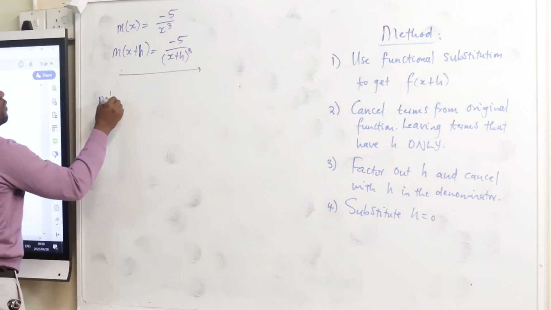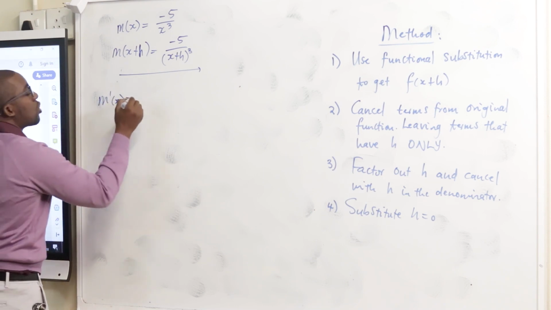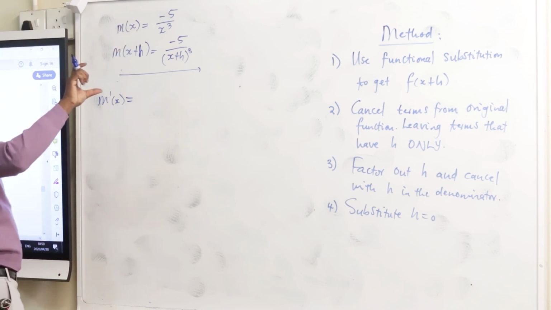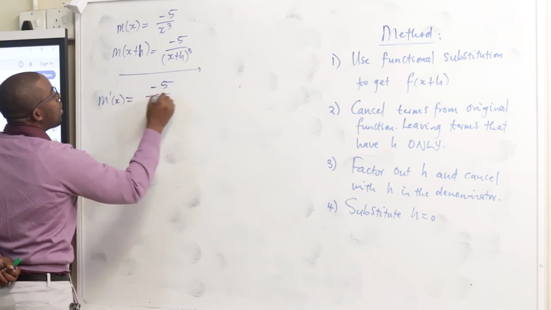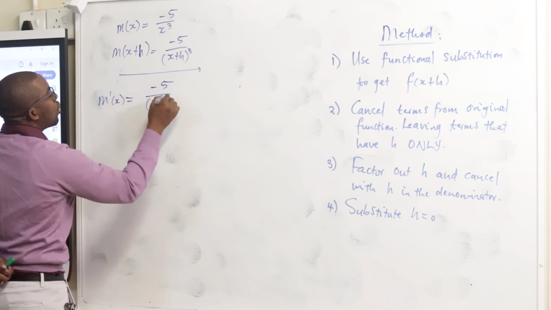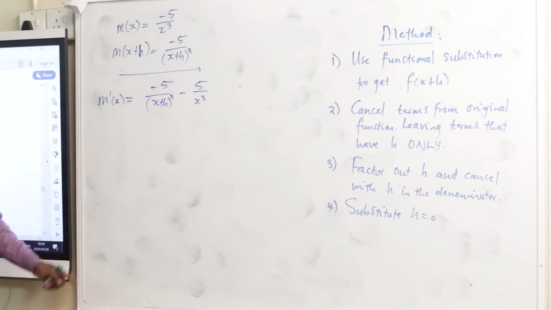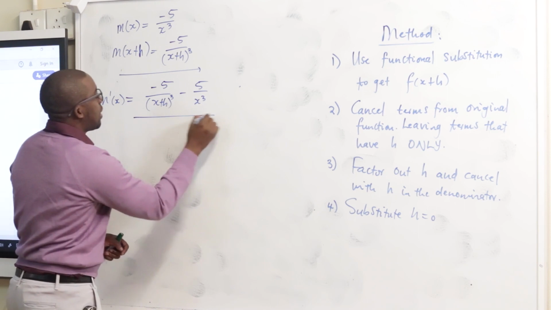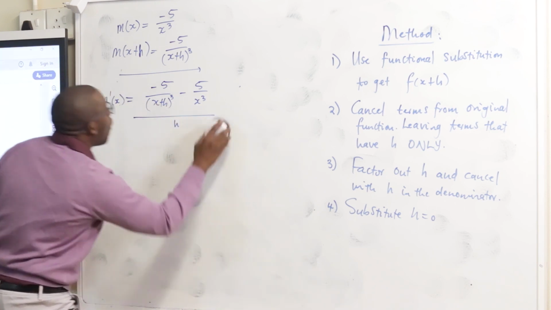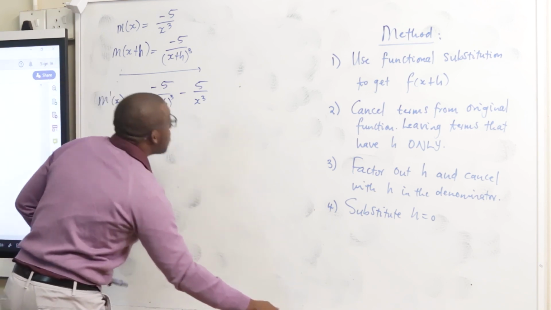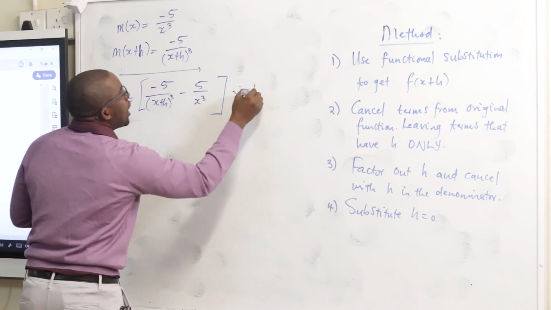Then m prime of x. We said you have to be able to adapt to the context of the question. So adapt the formula, the given expression, to the context of the question. This is going to be minus 5 over x plus h cubed minus minus 5 over x cubed. Instead of making it more cumbersome and saying divided by h, rather let's multiply by 1 over h, the whole expression.